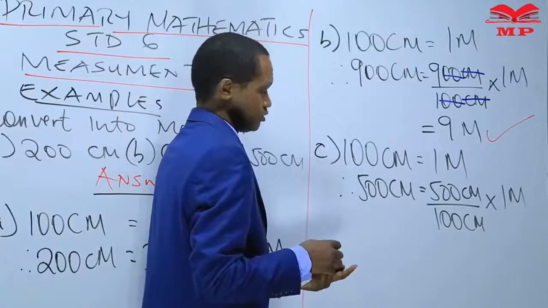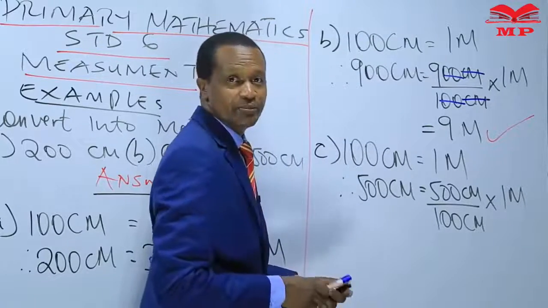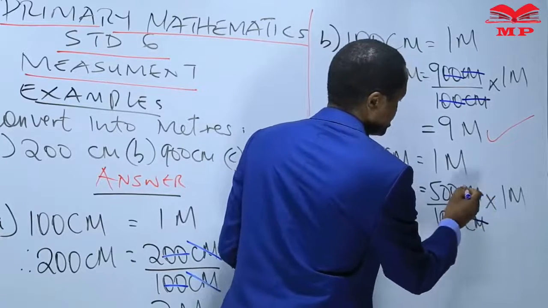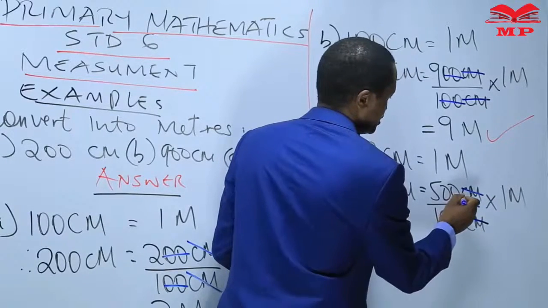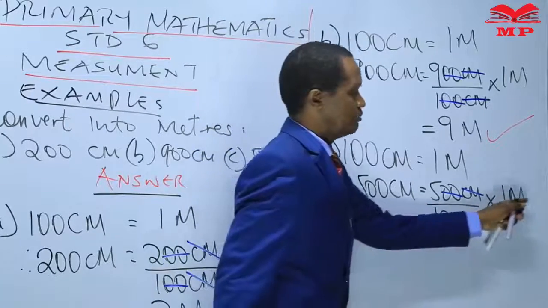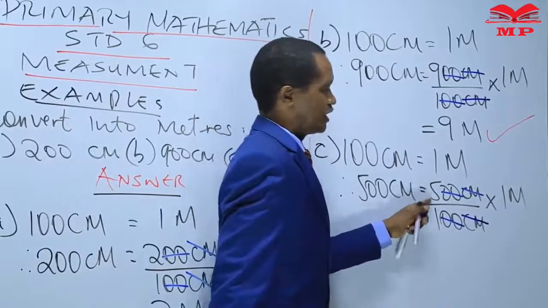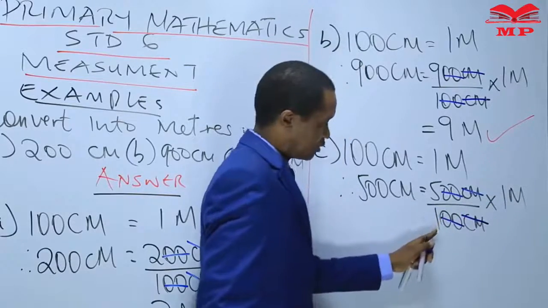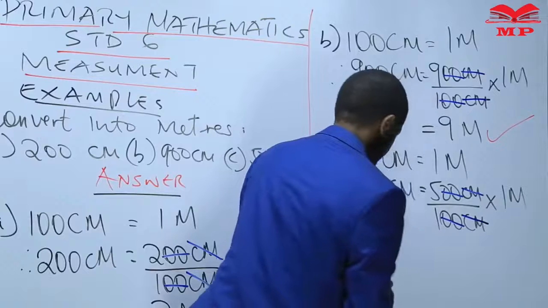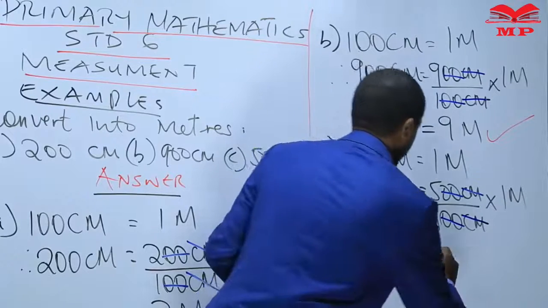Then we work it out. We simplify. We cancel these centimeters. We cancel these zeros. We remain with 5 times 1 meter, so that will be 5 meters divided by 1, which is equal to 5 meters.